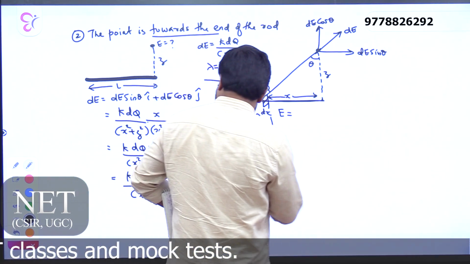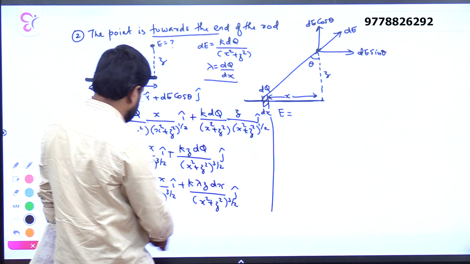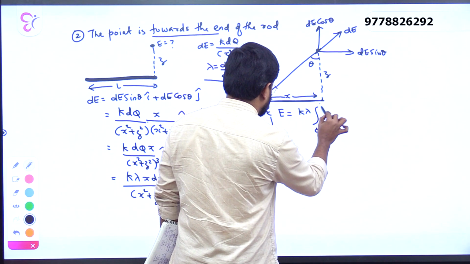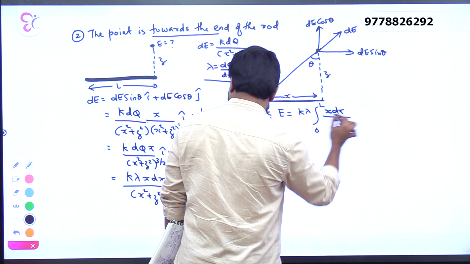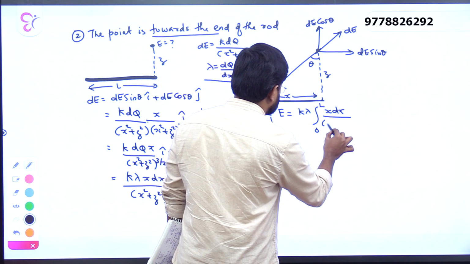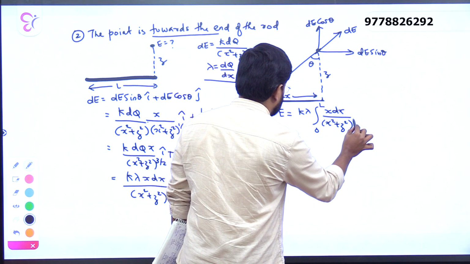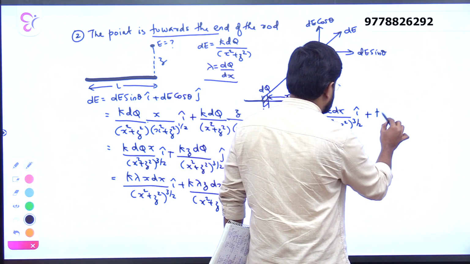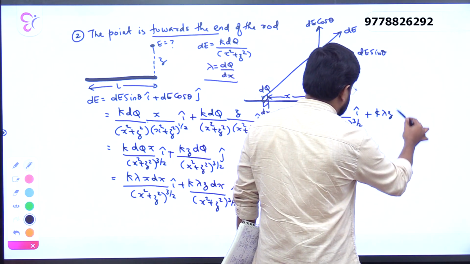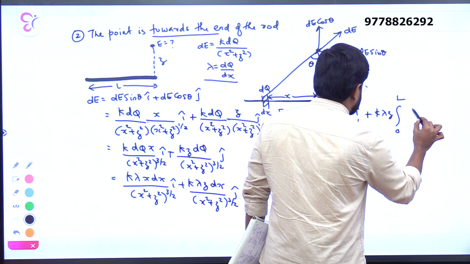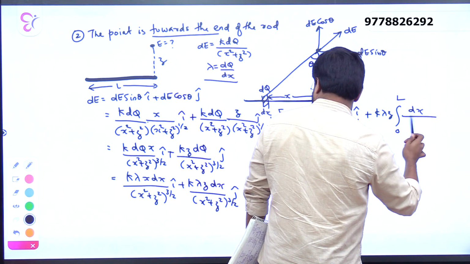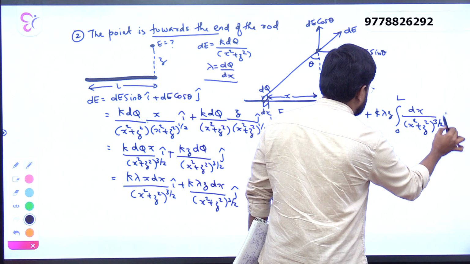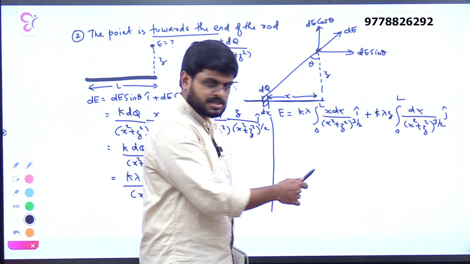So if you take the constants outside, it will be k lambda into integral from 0 to L x dx divided by x square plus z square whole power 3 by 2 in i cap direction, plus k lambda into z integral 0 to L dx divided by x square plus z square whole power 3 by 2 in j cap direction. Hope it is clear.